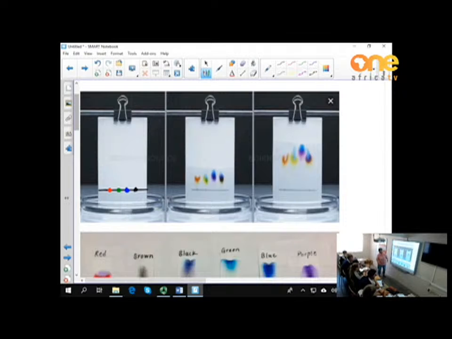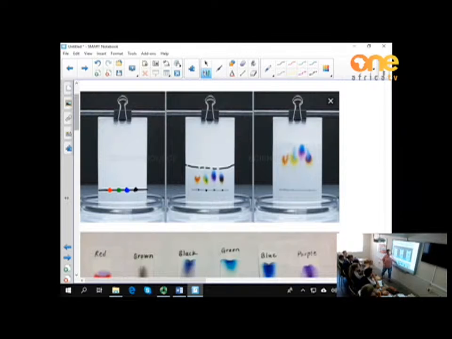And what is going to happen over here, can you see? The water has been drawn up through the paper. All right? And can you see the spots have moved? It no longer lies there. Why? Because the ink is water soluble, and it draws it up the chromatogram.